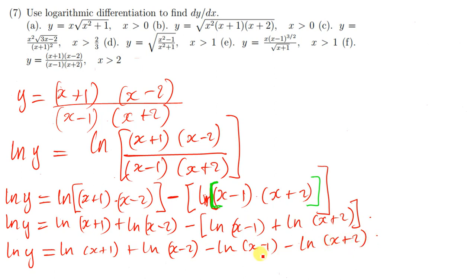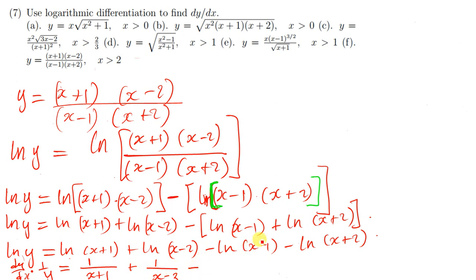Okay, excuse me. So from there we can now differentiate. The first part here will give us dy dx times 1 over y. So this is equal to, when you differentiate this expression here, you're going to get 1 over x plus 1, and then we say plus, when you differentiate the function there, you get 1 over x minus 2.